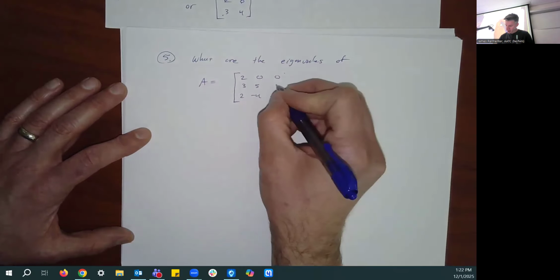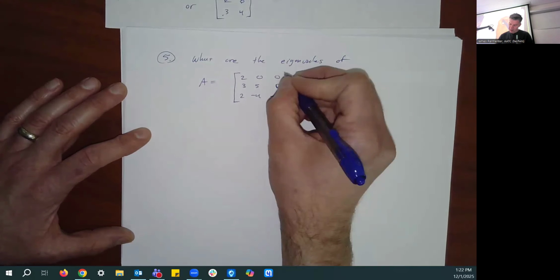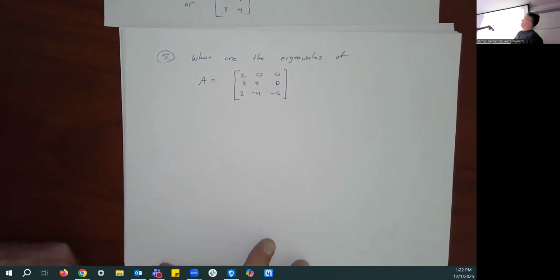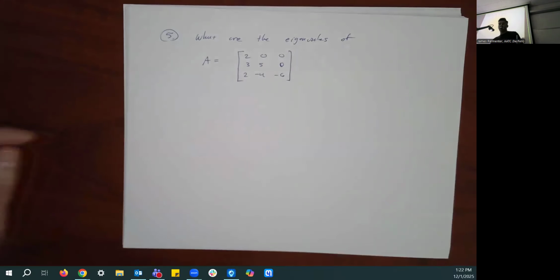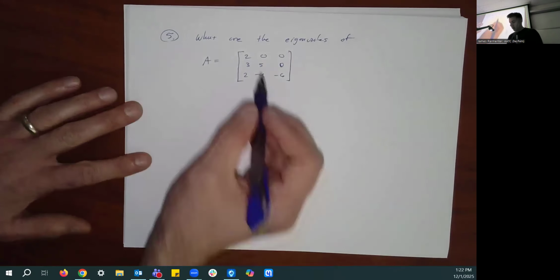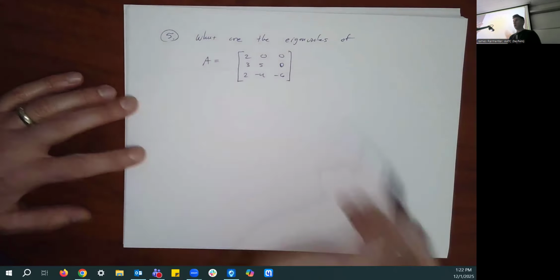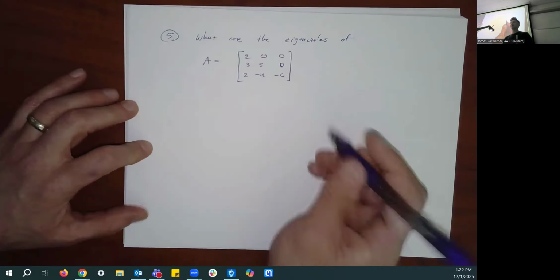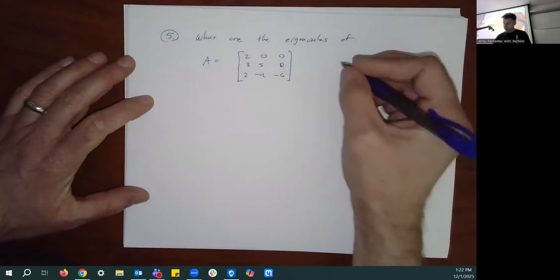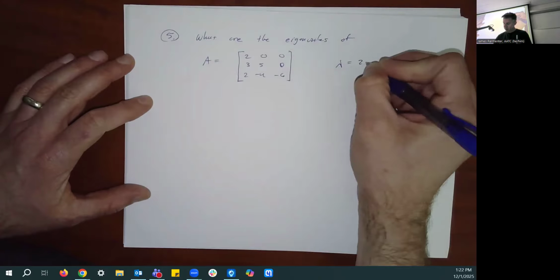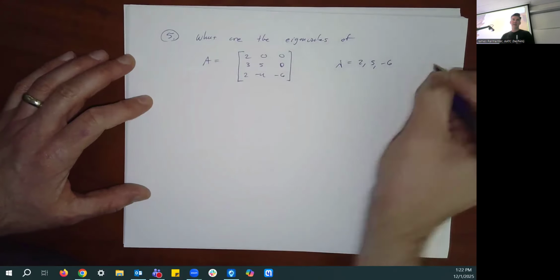Oops, that's a 0. Apologies. Otherwise, it's not going to work. So here's a matrix that is also lower triangular, right? Everything above the main diagonal is 0. And in a matrix like this, you automatically get to know what the eigenvalues are. Here, the eigenvalues are +2, +5, and -6.